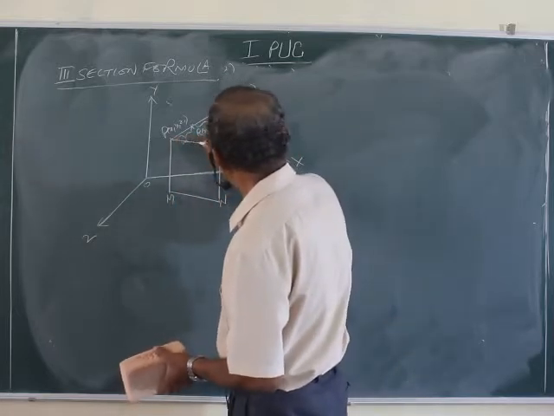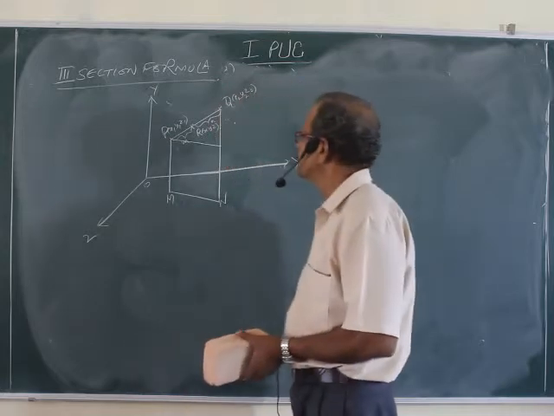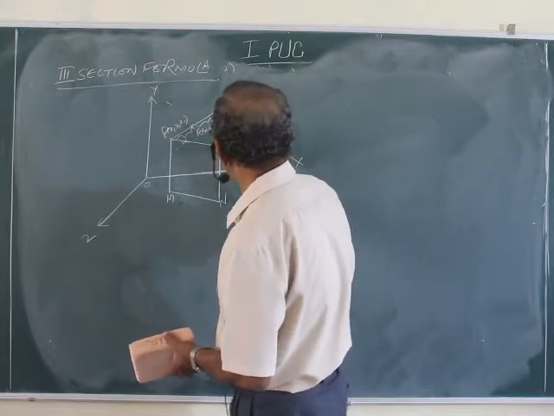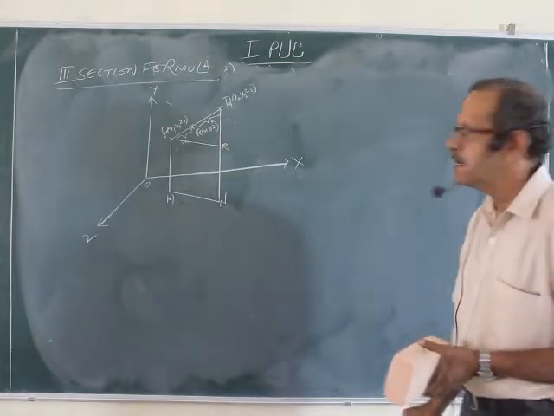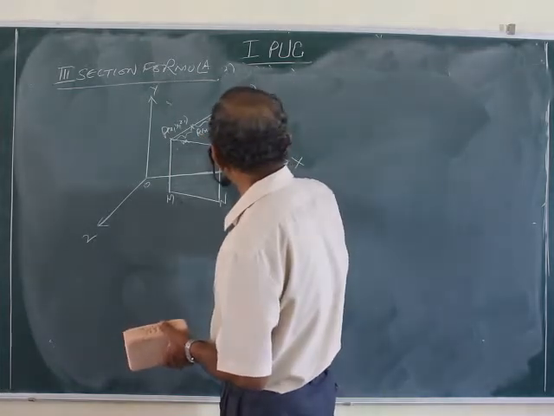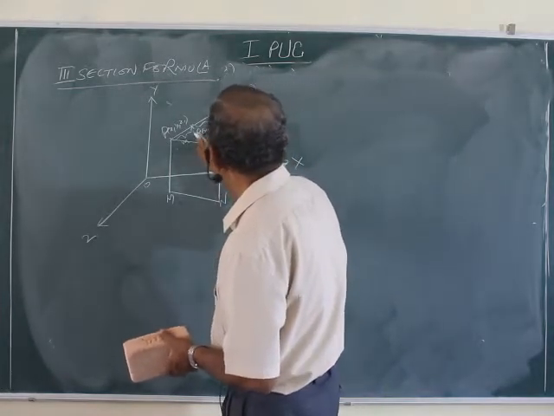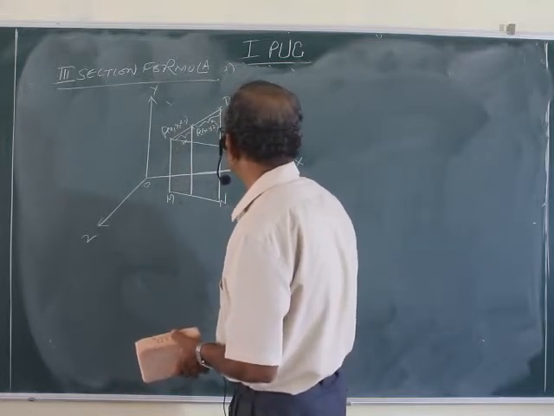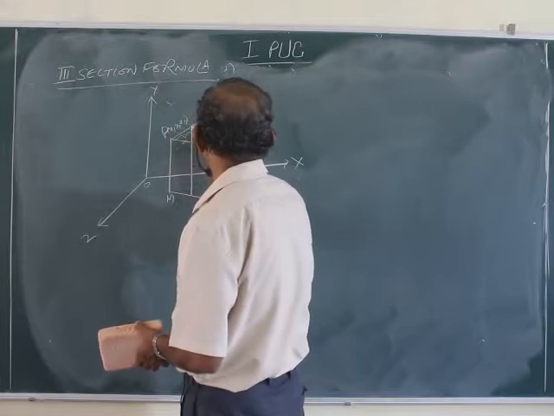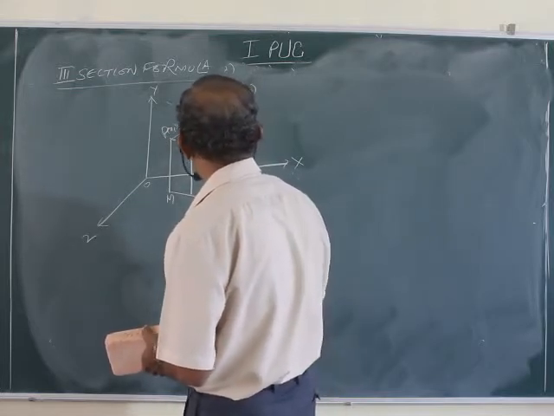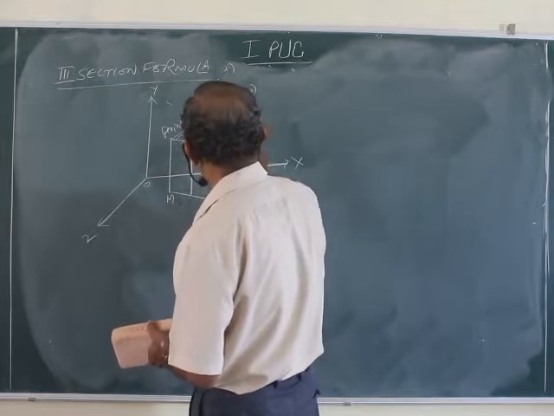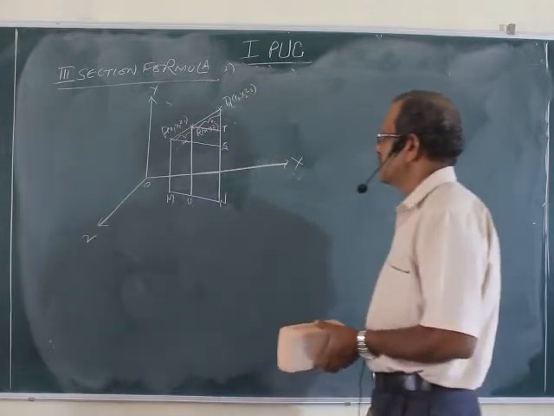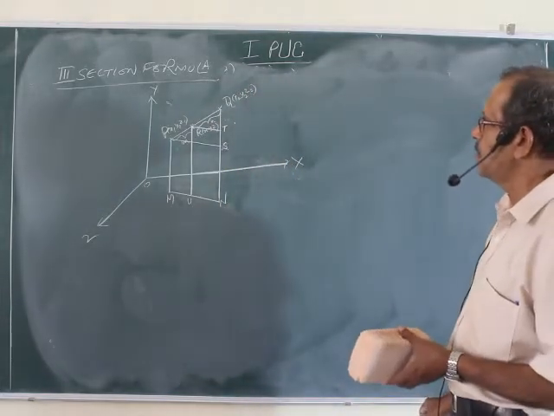And here also. PQ, let me call it as R. R already given, no? Some other number, MN, S. Drop me another perpendicular from R. Here also same. S, T, U. Just to the plane, XZ plane, I have drawn all the perpendiculars.